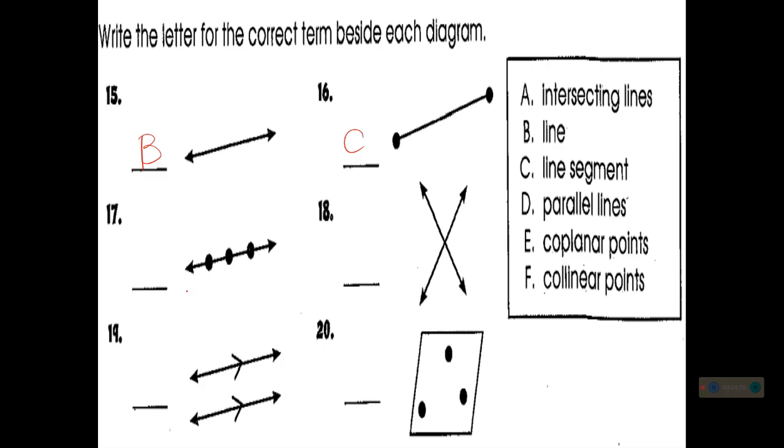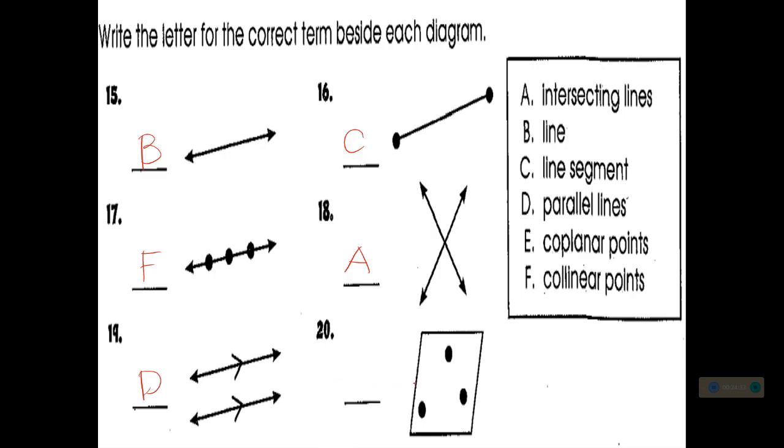How about number 17? This is a figure about, yes, letter F, collinear points. Number 18, they are, correct, intersecting lines. So, letter A. Number 19, what do you call these lines? Correct, they are parallel lines. So, letter D.